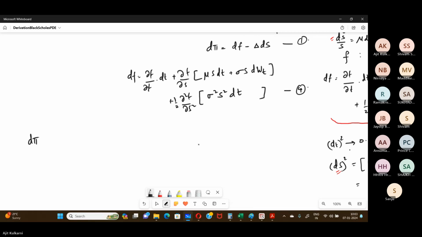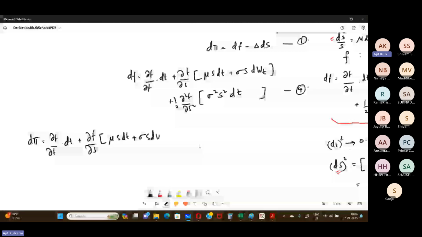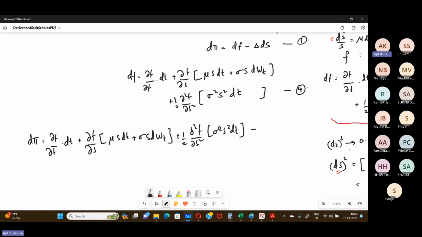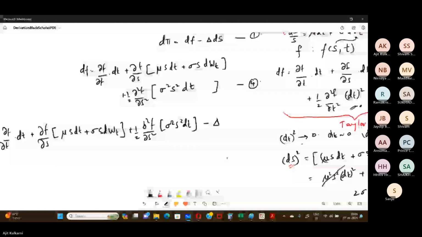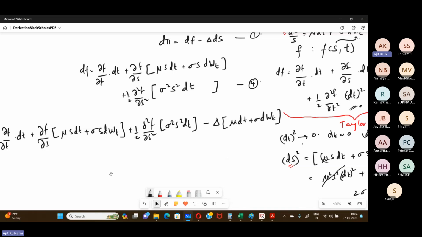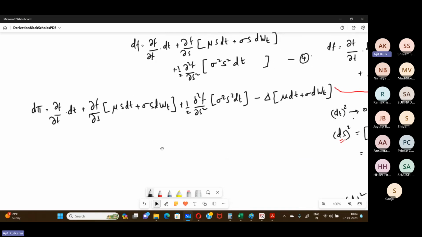So dou pi is equal to df, which is dou f by dou t into dt plus dou f by dou s into mu s dt plus sigma s dwt, plus half of dou square f by dou s square into sigma square s square dt, minus delta times ds, which is written as mu dt plus sigma dwt, correct? Now we have this equation.